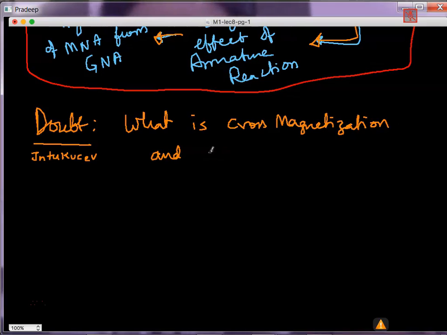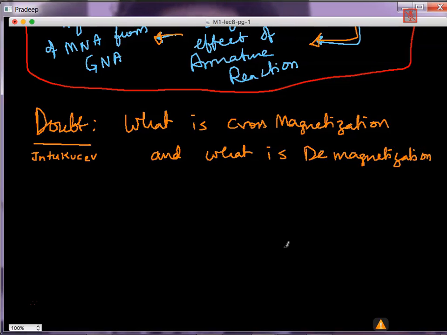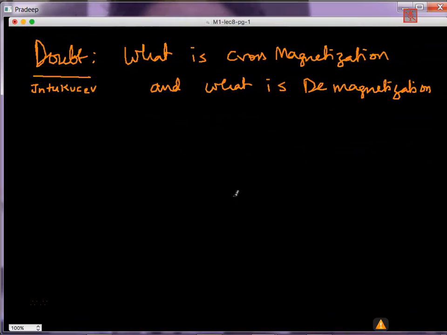And I will also add one more doubt. What is demagnetization? So what is happening is, see, the resultant flux. This is the resultant flux.